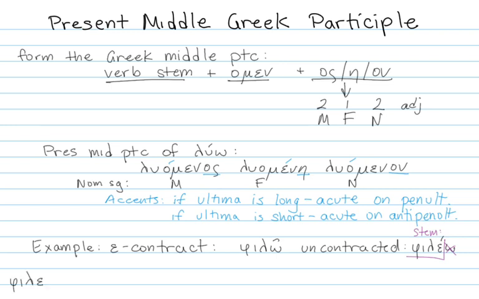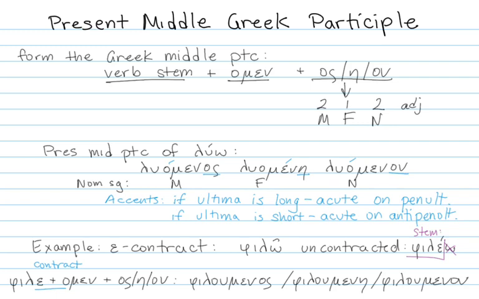So we'll take the real stem, phile-, plus -omen-, plus -os, -e, -on. Now we're going to contract, so we're adding phile to omen, contracting the epsilon with the omicron and getting u, giving us philumen-, and then add our endings.